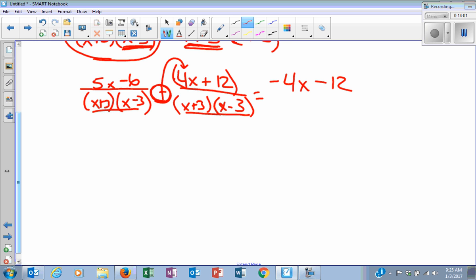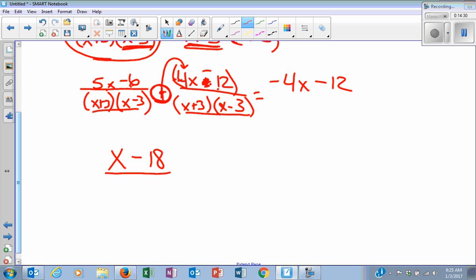So this would become a negative, and this would become a negative. I distributed this negative sign and made it a plus. That way when I go 5x and a negative 4x, it becomes a 1x. So that's really 5x minus 4x. They just cancel to 1x. A negative 6 and a negative 12 become a negative 18.